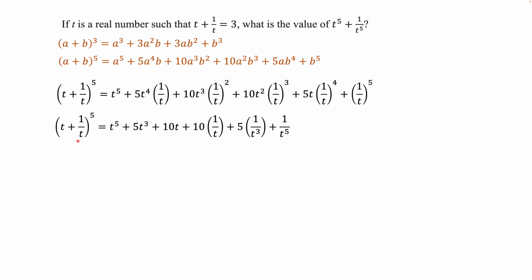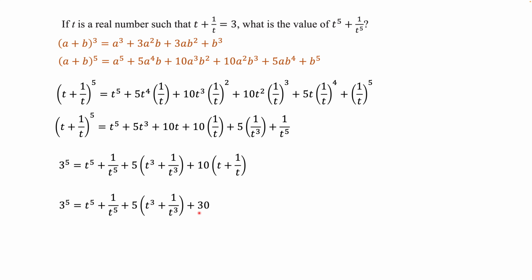Okay? So I know this term, it's 3 to the 5th power. Right? Then I get something, as I said, if I combine the first and the last term, that is something I'm looking for. Then I have this term t cubed plus 1 over t cubed, which I don't know what to do with yet. And the last term I do know, t plus 1 over t is 3.